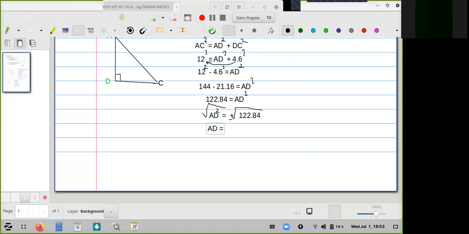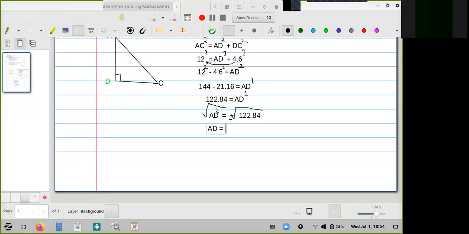is now equals to the square root of 122.84. Did I calculate my number correctly? Squared minus 4.6 squared as well.